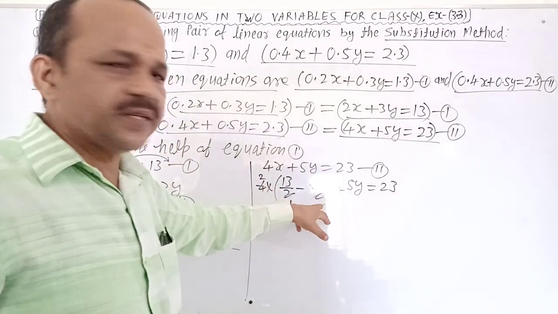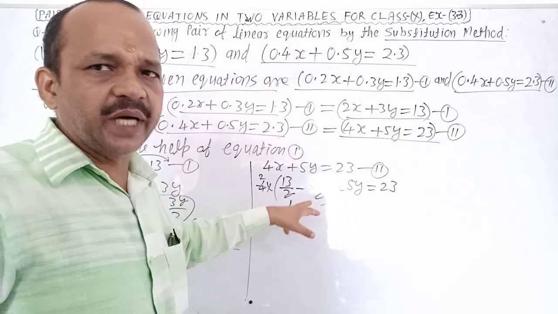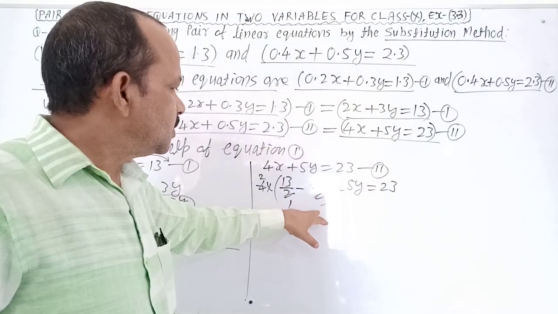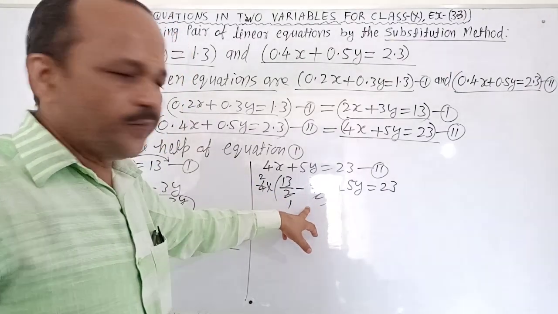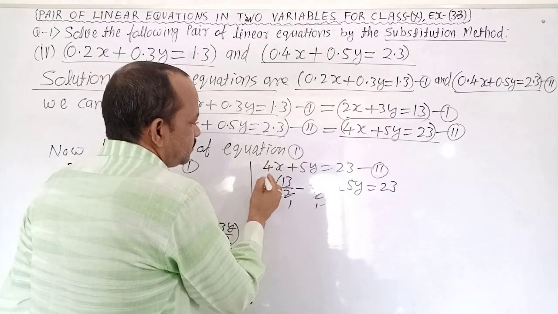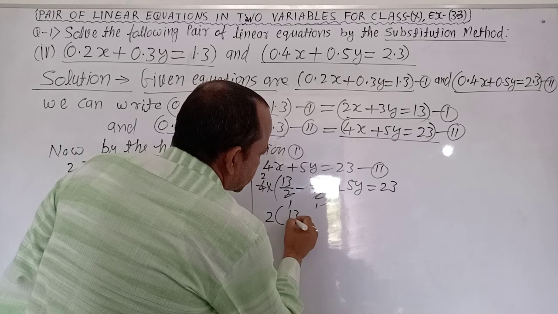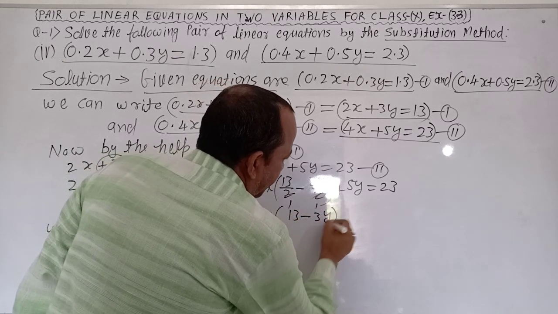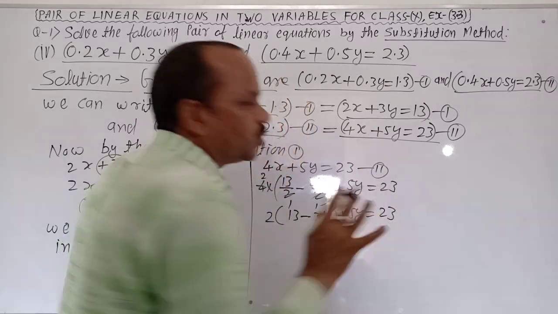Here both are same, 2 and 2 both are same, so you can cut 8 and 4. 2 1 is 2, 2 2 is 4. It becomes 2. You find 2 times 13 minus 3y plus 5y equal to 23.